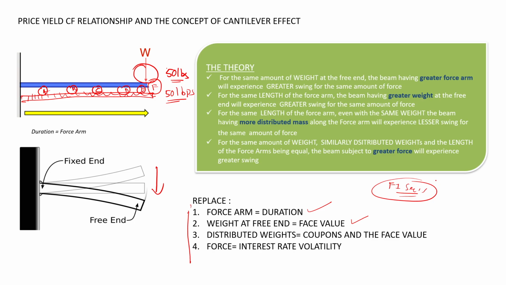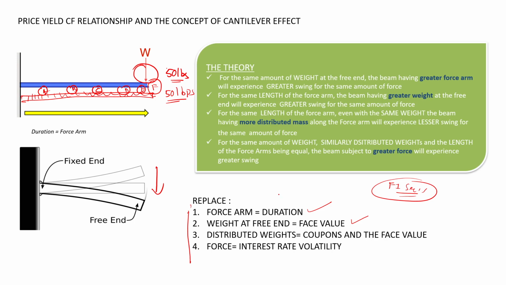Now this slide is a very, very important slide, and just replace all of them. I'm not going to explain it again. It should be absolutely easy for you to understand the concept here. In case the market forces are more violent, that is going to be reflected in the market interest rate volatility.